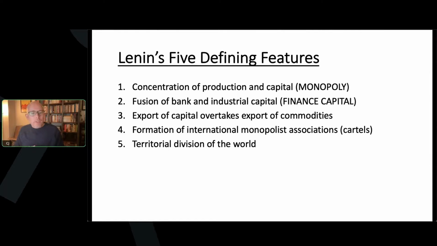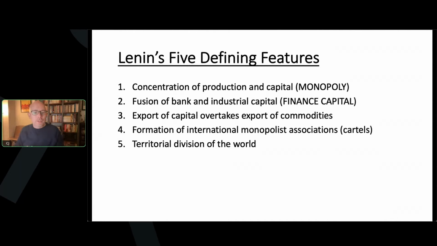Third, export of capital, which is money, essentially. Export of capital starts to become more important than the export of goods. Whereas before it was raw materials or finished products crossing borders, this is the time when the movement of money and investment starts to take over and become more prominent.